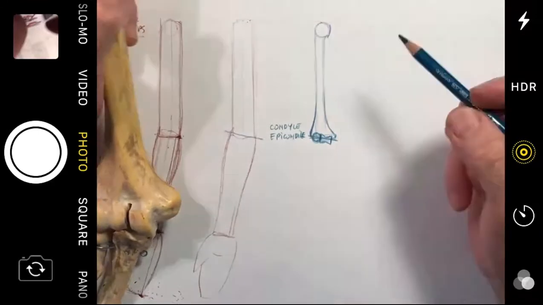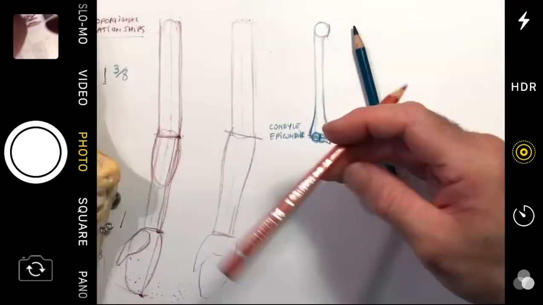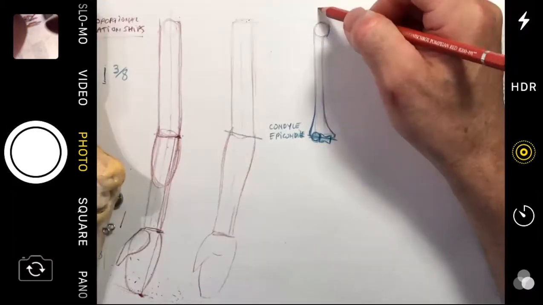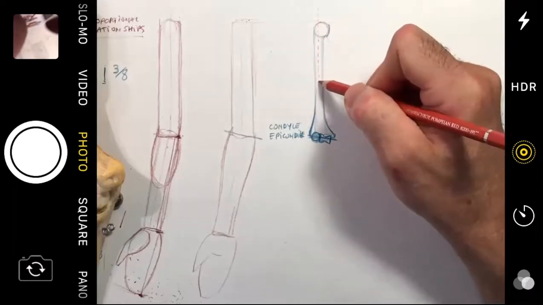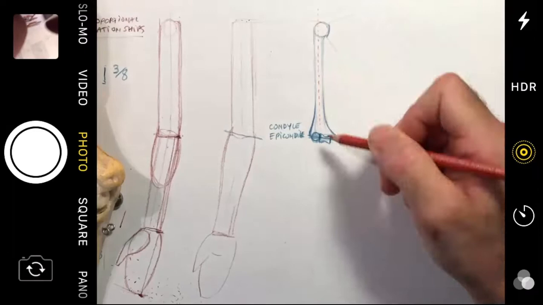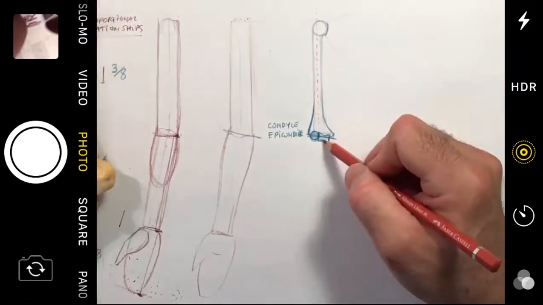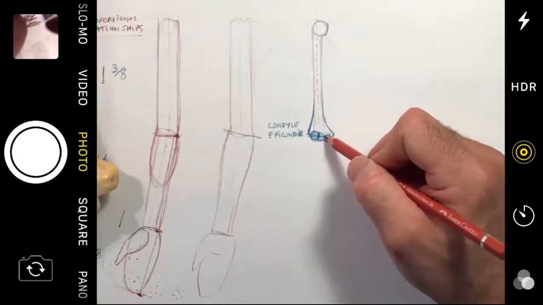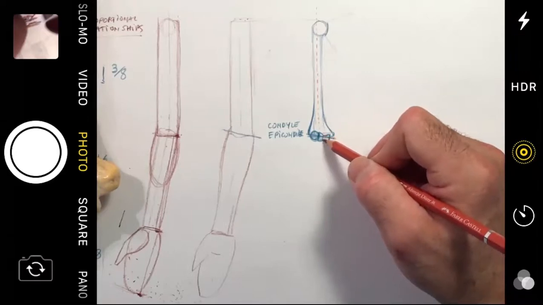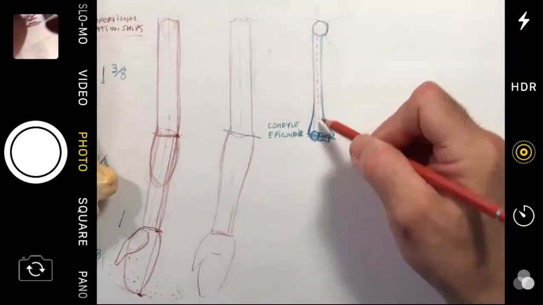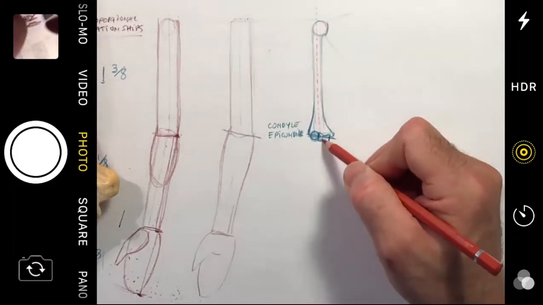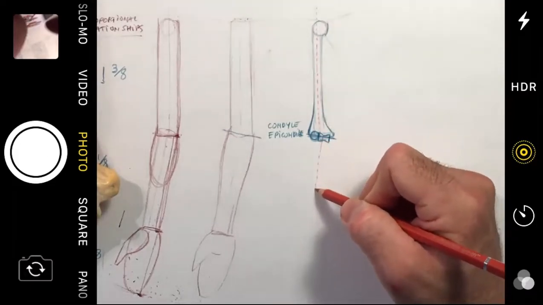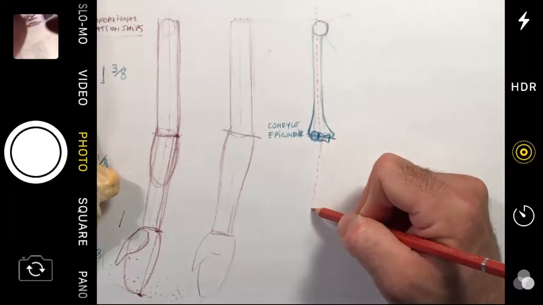Lateral. So now, if you imagine that the axis of the humerus goes straight through the shaft of the humerus, right? When I get to the point here of the medial epicondyle, this line does not continue straight, but goes out at a slight angle like this. See that?